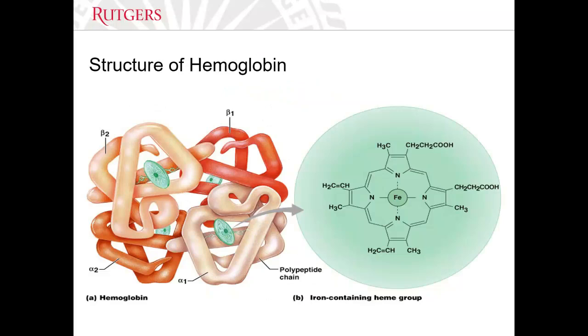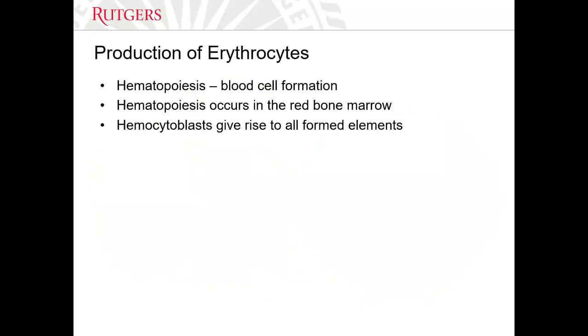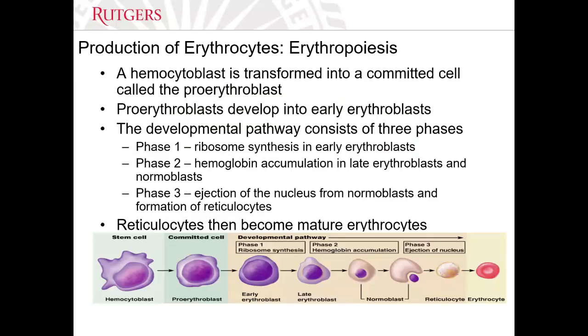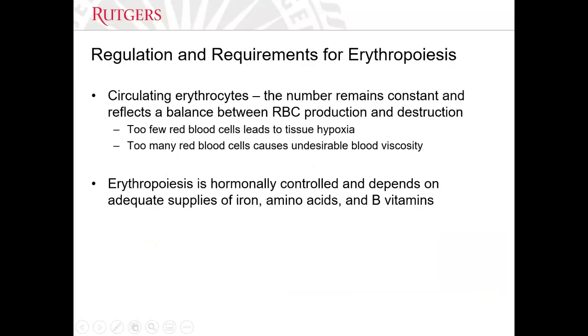Know the basic structure of the hemoglobin, and that there are 4 hemes, so it's capable of carrying 4 oxygen molecules. Now, know a little bit about the production of the erythrocytes: all the form elements come from the same stem cell, and then the regulation of the erythropoiesis.